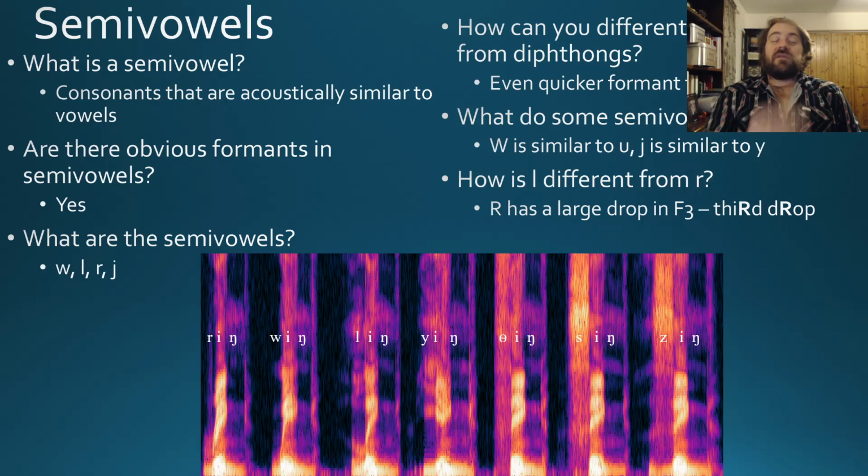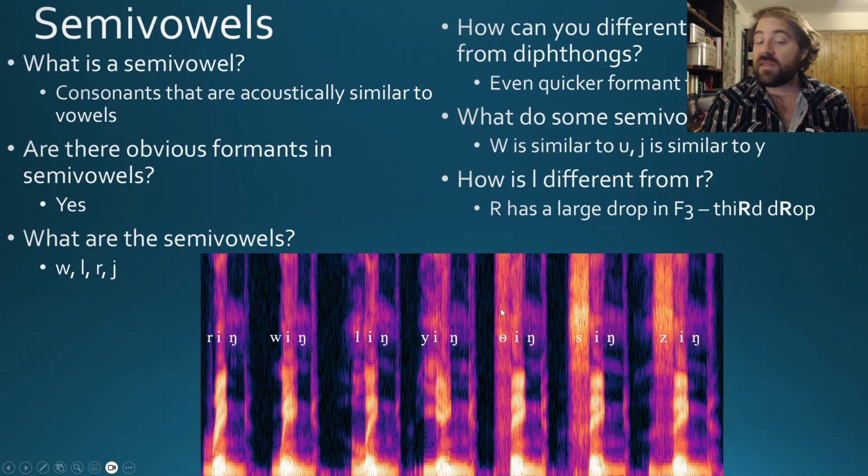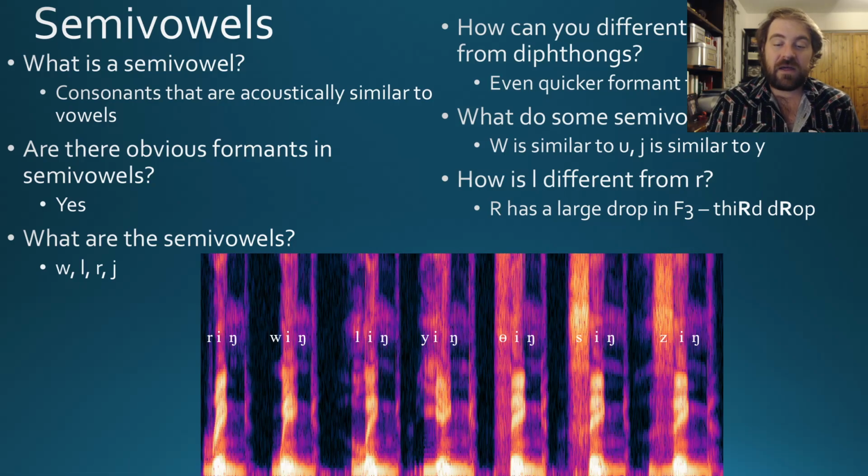What do we have next? Thing, sing, and zing. So a couple differences that I want to point out here. All three of these are fricatives, but you can see that the TH is less intense than the S or the Z. You can also see that both S and Z, they're made in the same place. S and Z have high frequency noise. So they look all noisy because they're fricatives, but they have more high frequency noise.